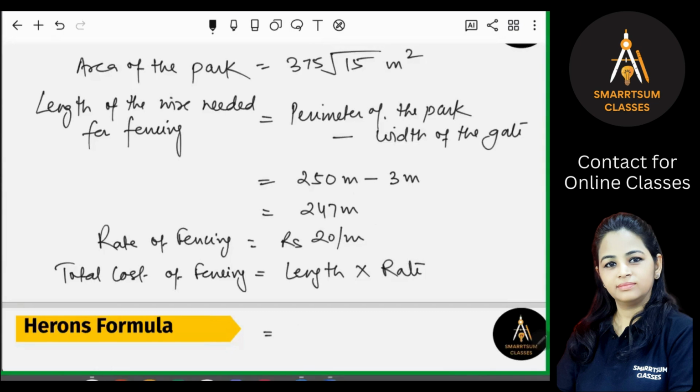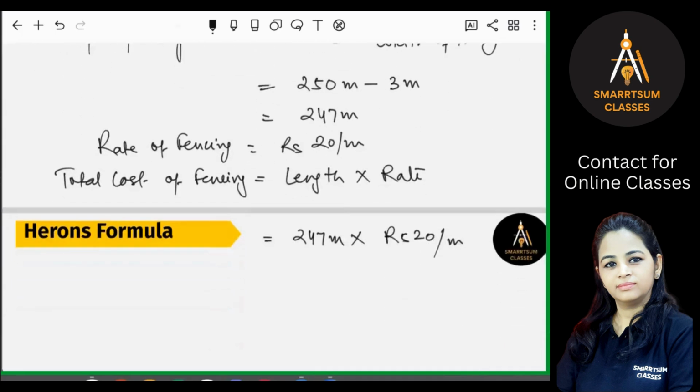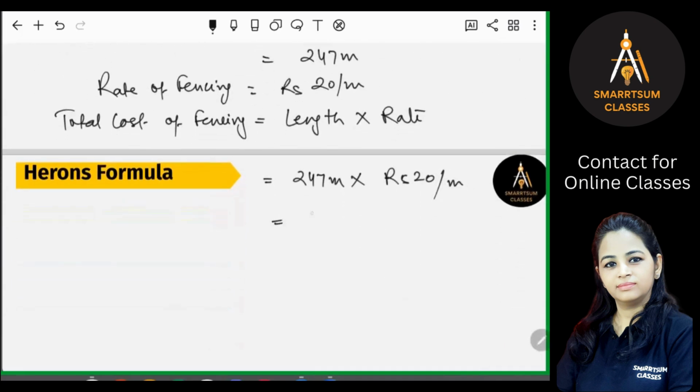Now put the value. Length on which we have to put the fence is 247 meter into the rate, which is rupees 20 per meter, right? So we always multiply the rate with the length of the park which needs to be fenced, right? So now multiply this, right?